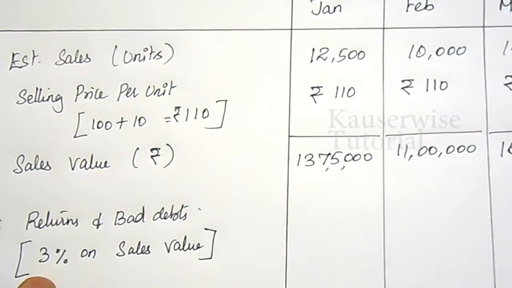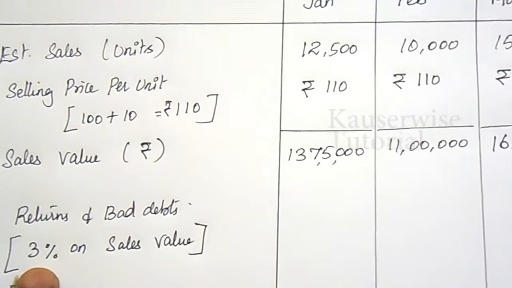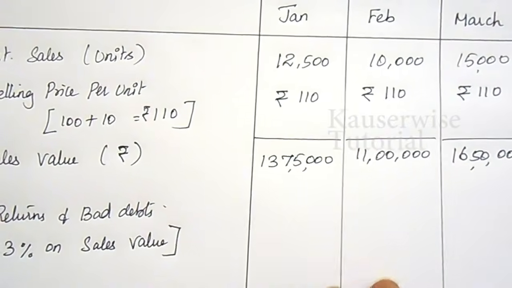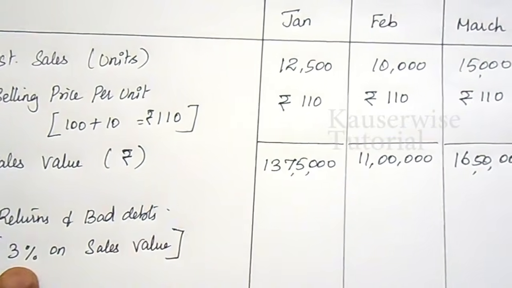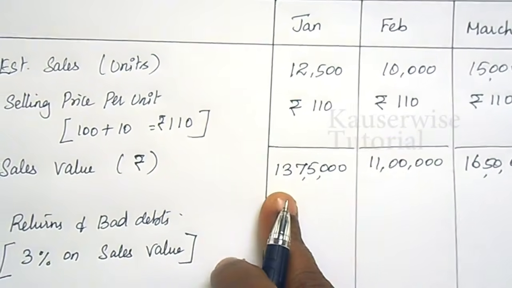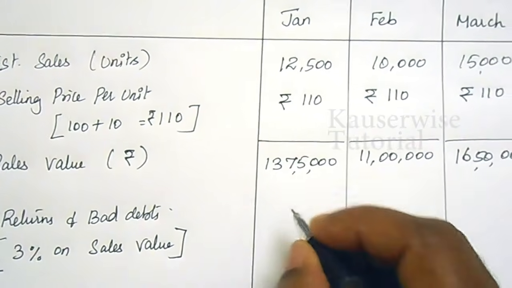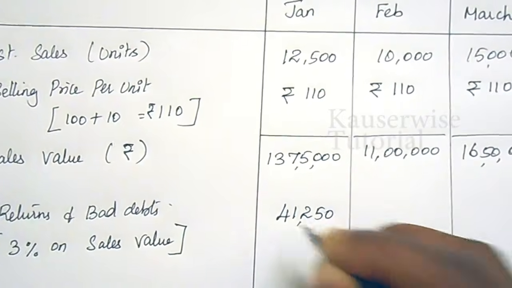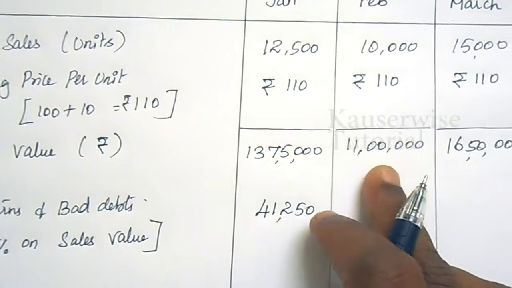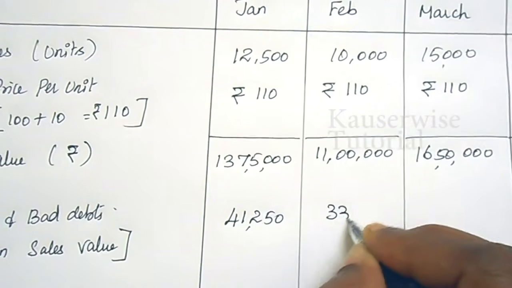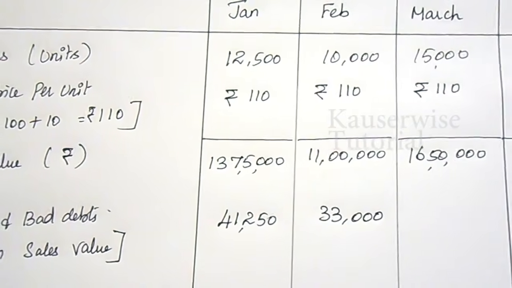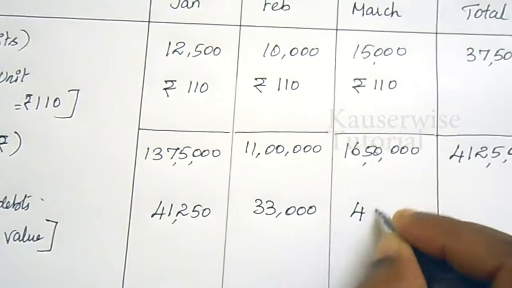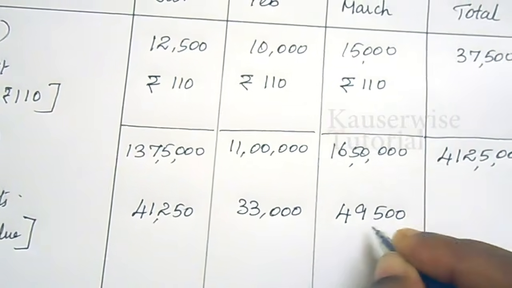So you have to find the 3% for each and every month so that you can subtract the value from the sales value. So 3% on 13,75,000, how much? 41,250. 3% on 11 lakhs is 33,000, and 3% on 16,50,000 is 49,500.